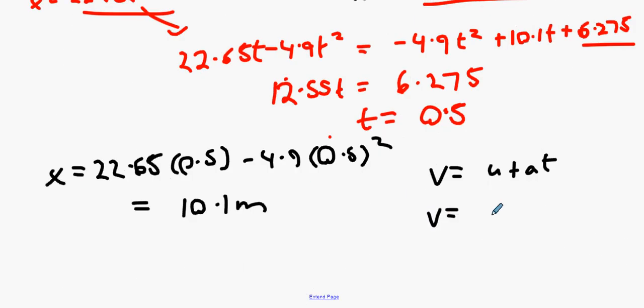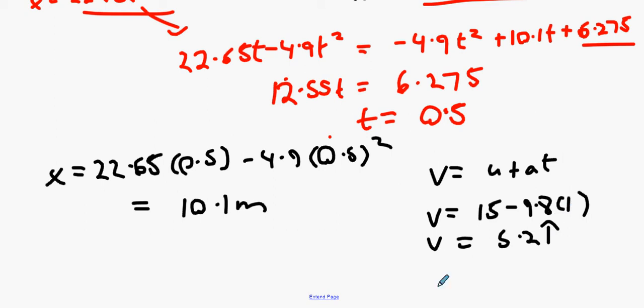V equals 15 minus 9.8 times 1. What's 15 minus 9.8 times 1? Alright, so it's on its way upwards at 5.2.